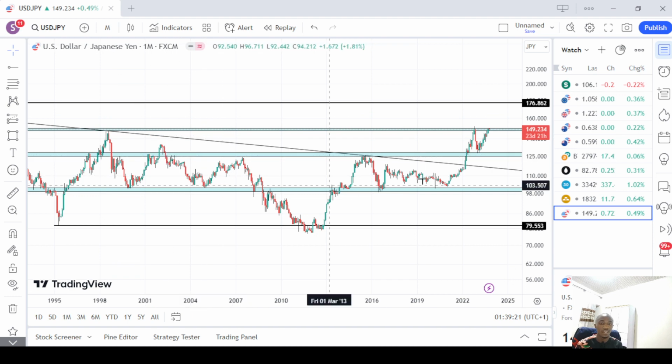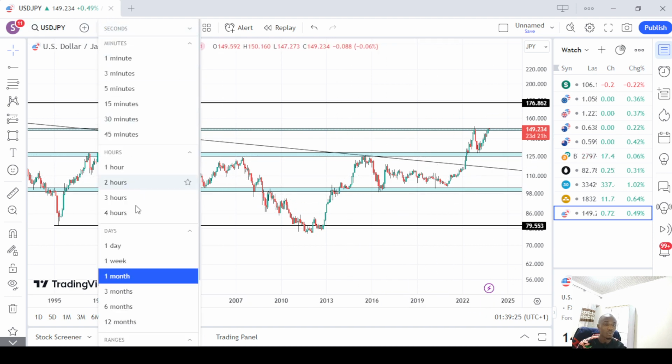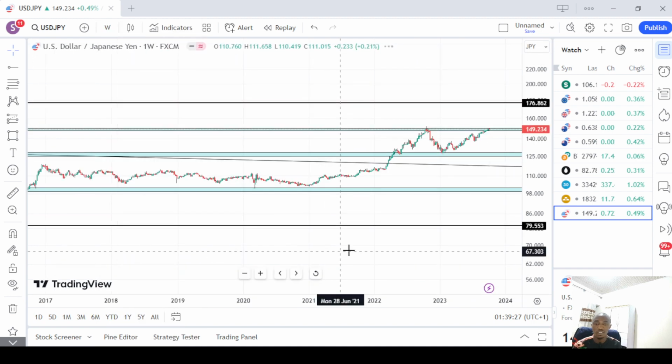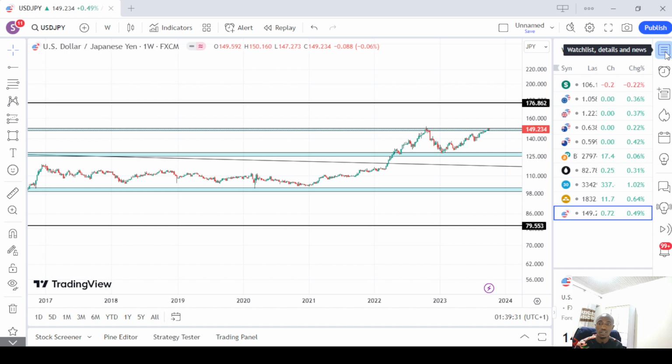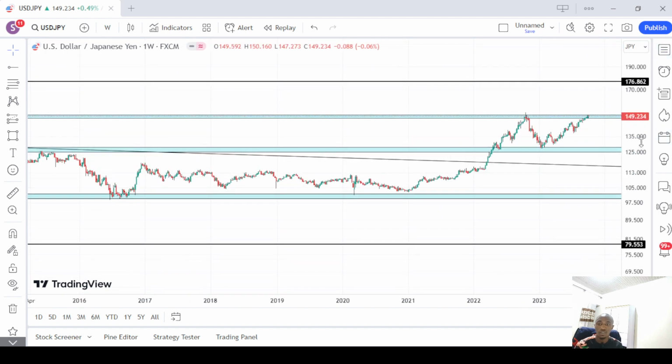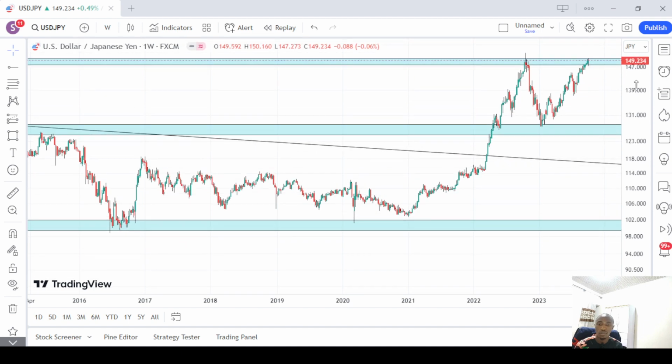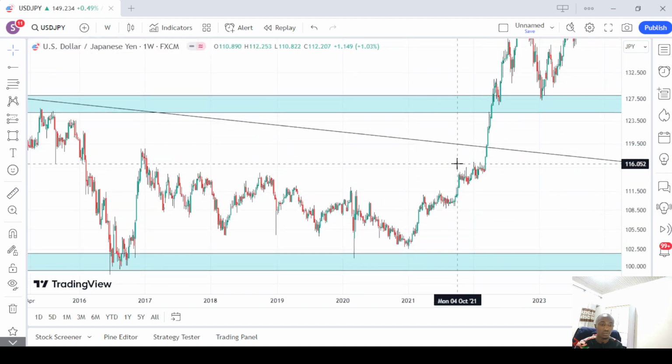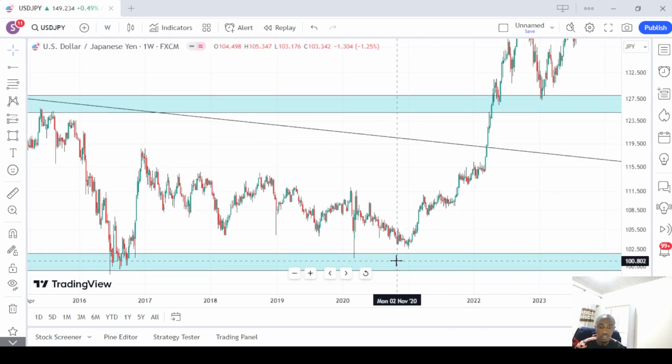You can see very clear, very clear. Come on the weekly.